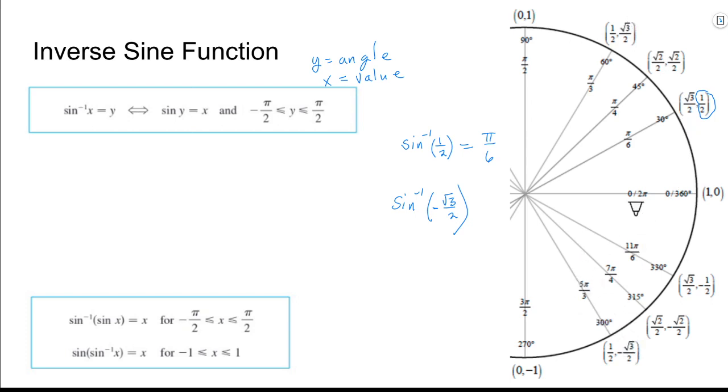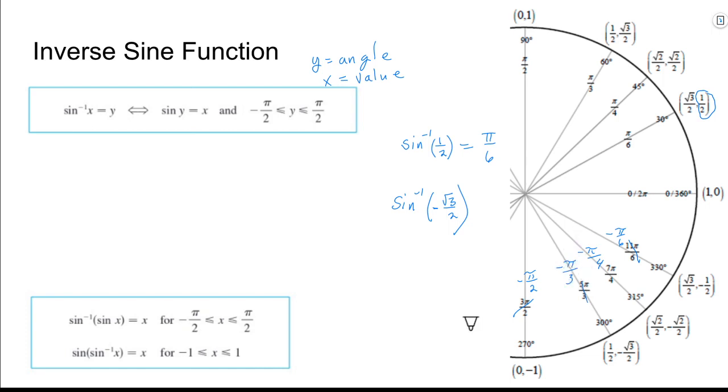Now, again, we're going to relabel this as negative pi over 2. So instead of 11 pi over 6, it's going to be negative pi over 6. So in a way, it's kind of easier. Negative pi over 4. And then this is just negative pi over 3.